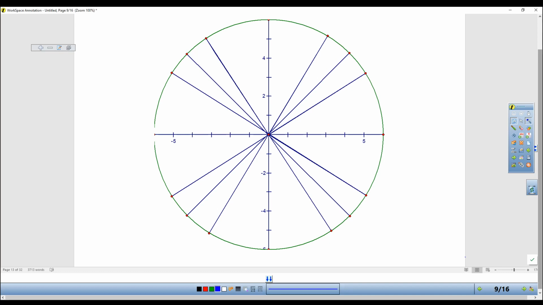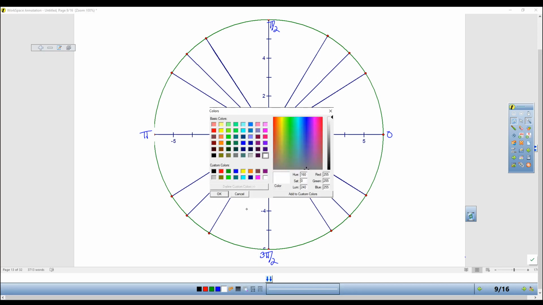So first, I'm going to label 0, the ones we just learned, pi halves, pi, and 3 pi halves. Now, this unit circle, even though we can't see it, I think I'm going to just put it in a nice soft yellow here.